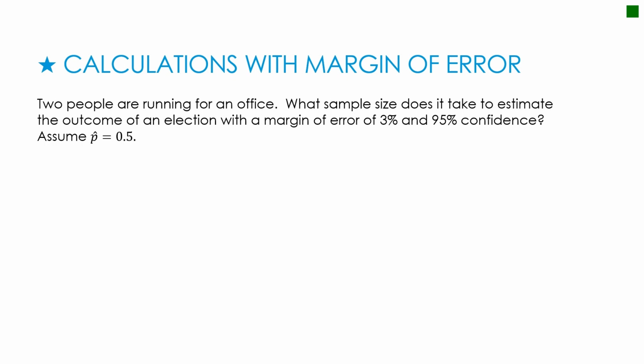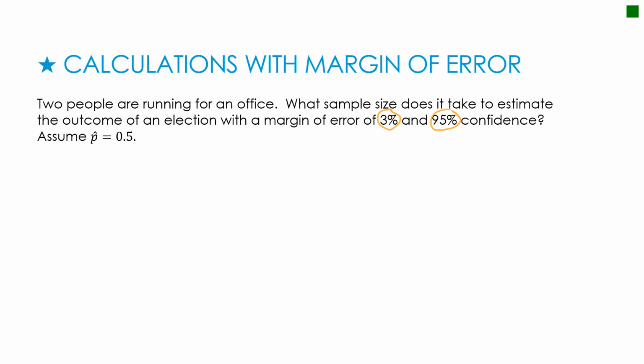So here's one more calculation for you to try with margin of error. This one will not require StatCrunch. This one says 2 people are running for an office. What sample size does it take to estimate the outcome of an election with a margin of error of 3% and 95% confidence? So you might be saying, well, what's p hat?